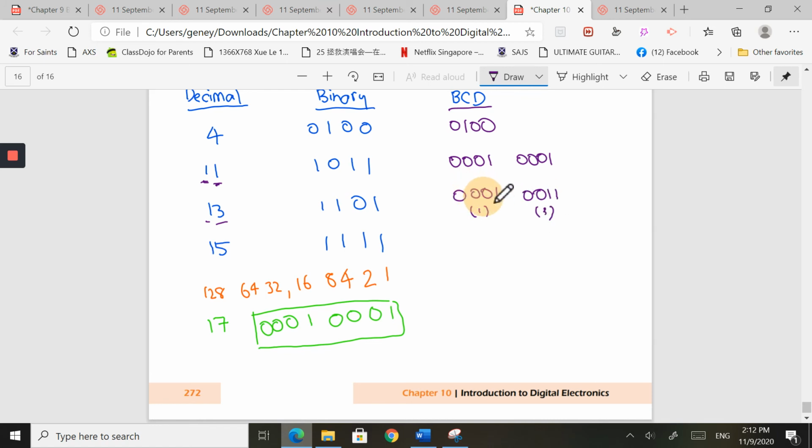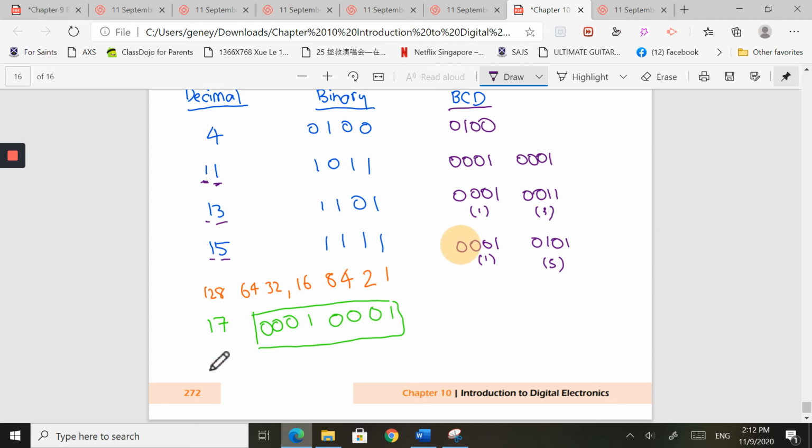So if I place them side by side, the BCD of 13 is 0001 to represent the 1, 0011 to represent the 3. 15 is 0001, okay, so that's the 1. To represent the 5, I need to have 0101. So this represents the 1, this represents the 5.